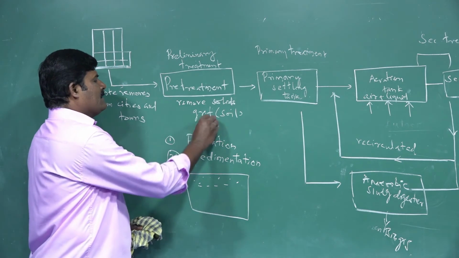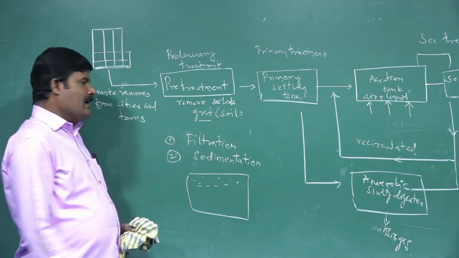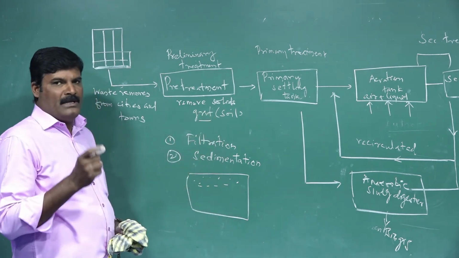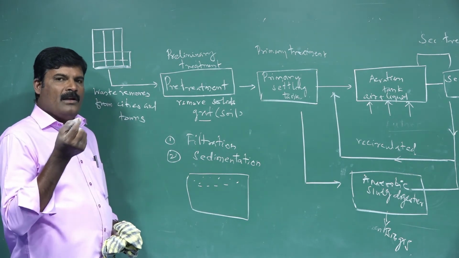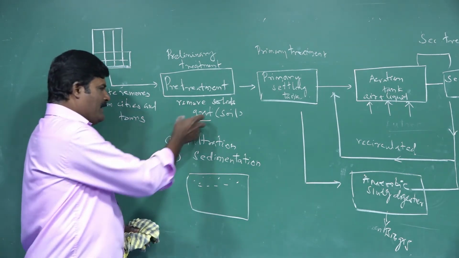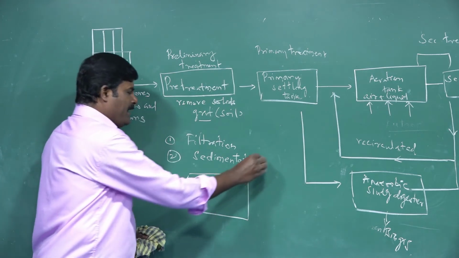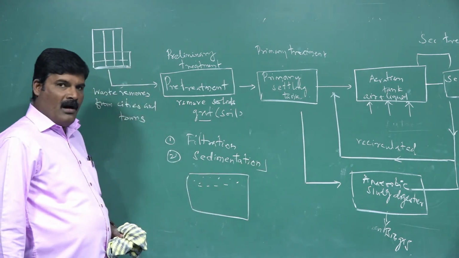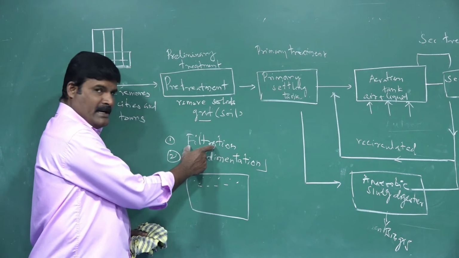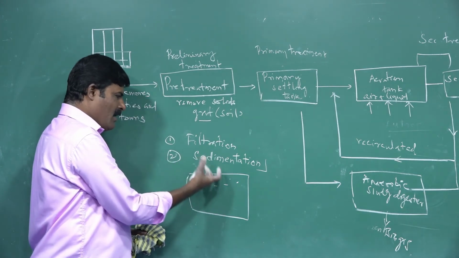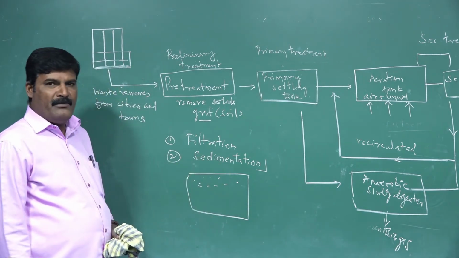Again, the grit is the soil and small pebbles. Pebbles means small stones. So these are removed by sedimentation. All solids are removed by filtration. All grit or smaller compounds are removed by sedimentation.